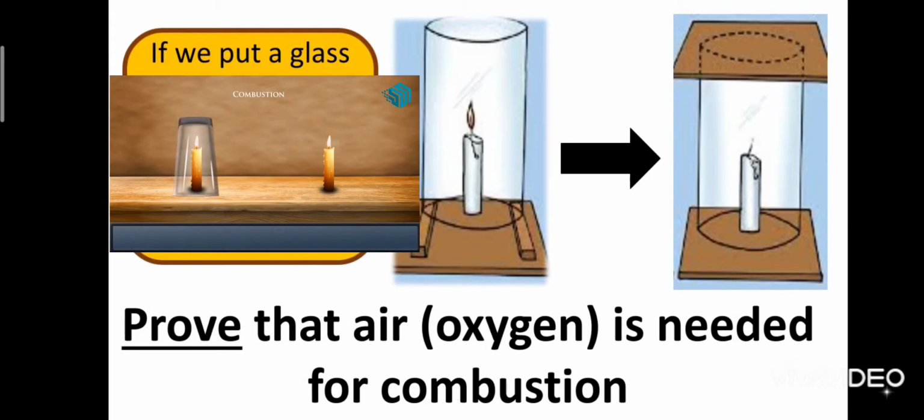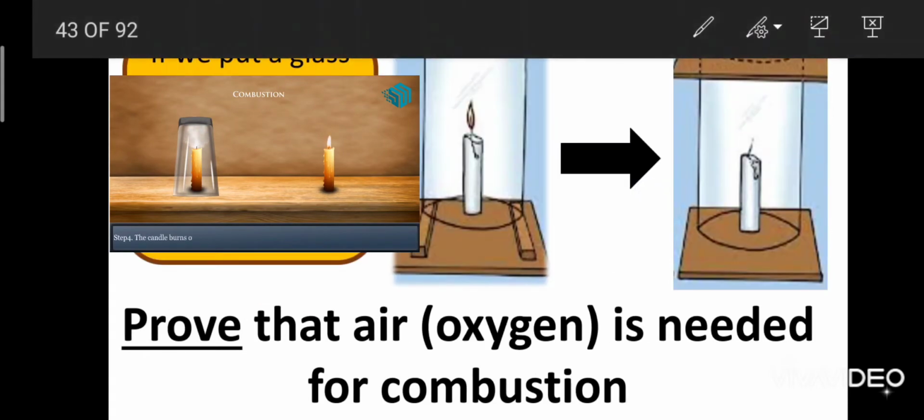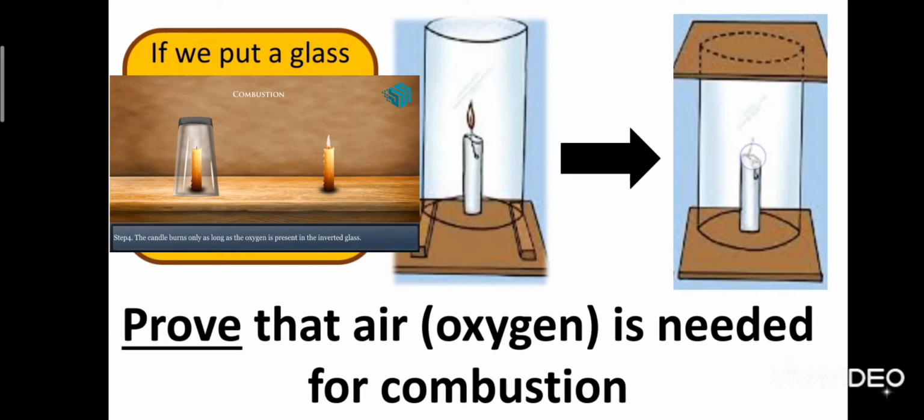Step 3: the flame of the candle flickers, produces smoke, and gets extinguished. Step 4: the candle burns only as long as the oxygen is present in the inverted glass. Step 5: the uncovered candle continues to burn.